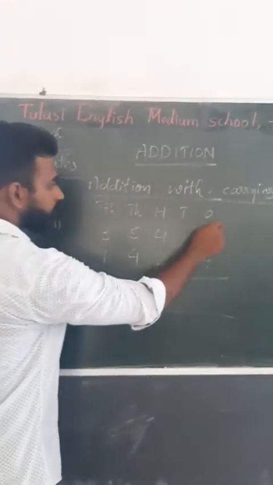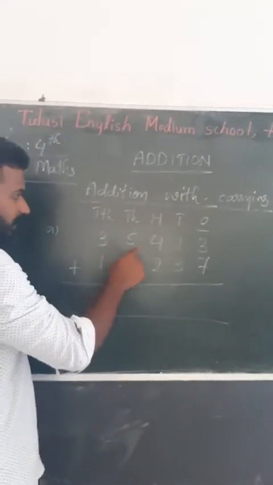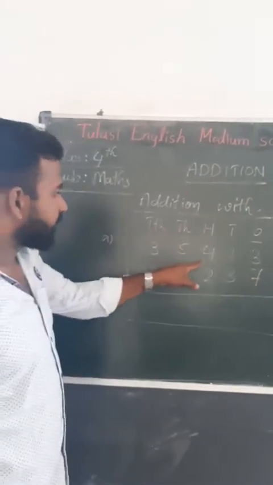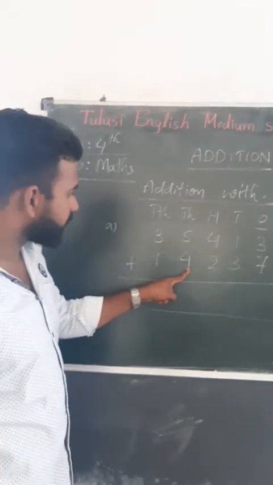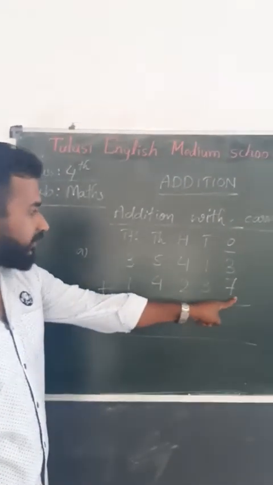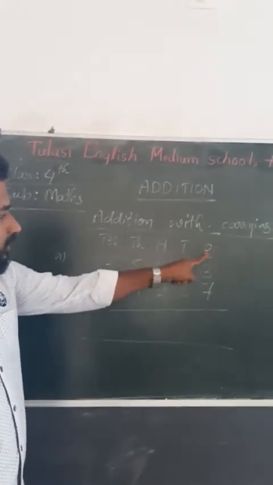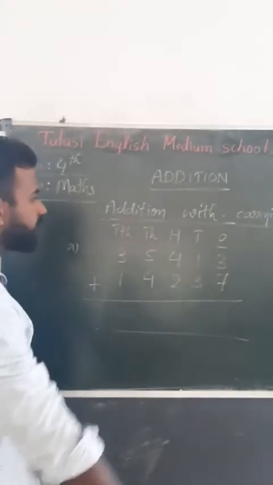See, first addend is 35,413. Second addend is 14,237. So we have to start from the ones.